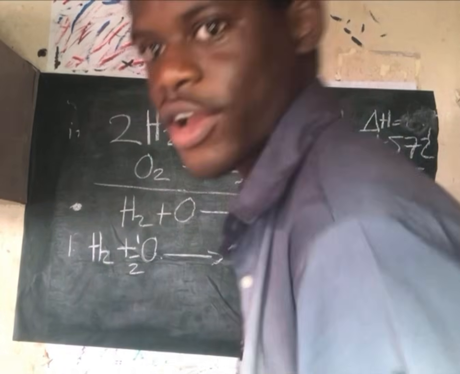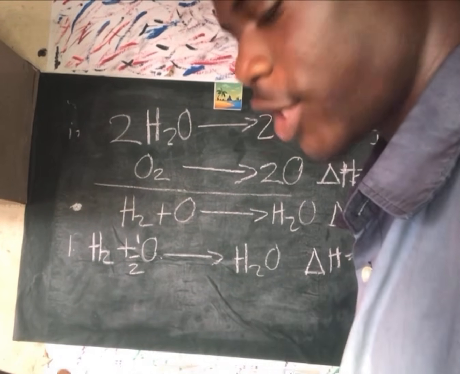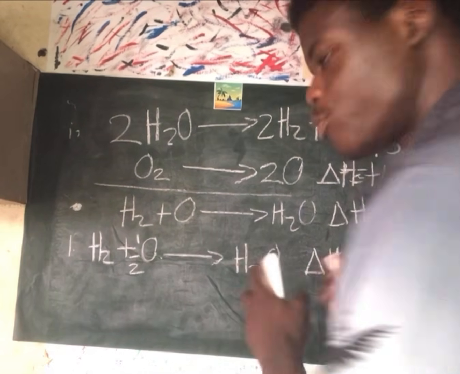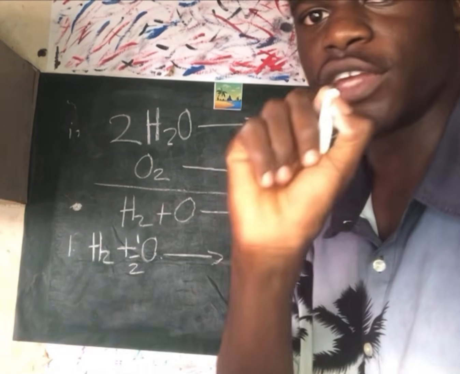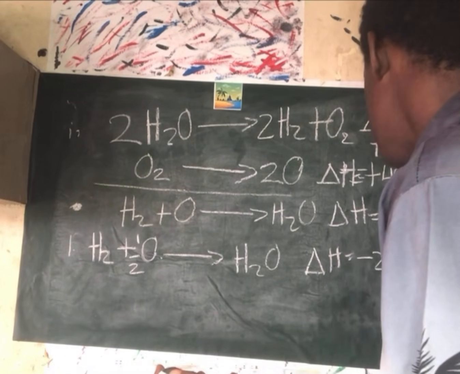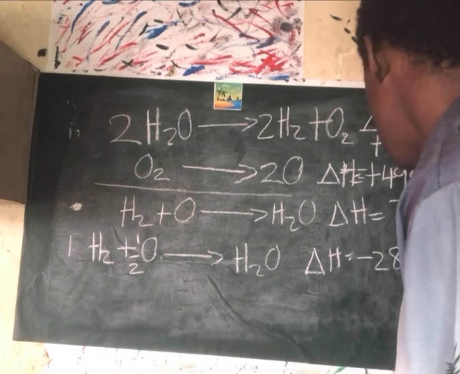That will be 572 divided by 2, that's 286. But mind you, we reversed the equation, so the sign of the enthalpy will change. That will be minus 286 kilojoule.